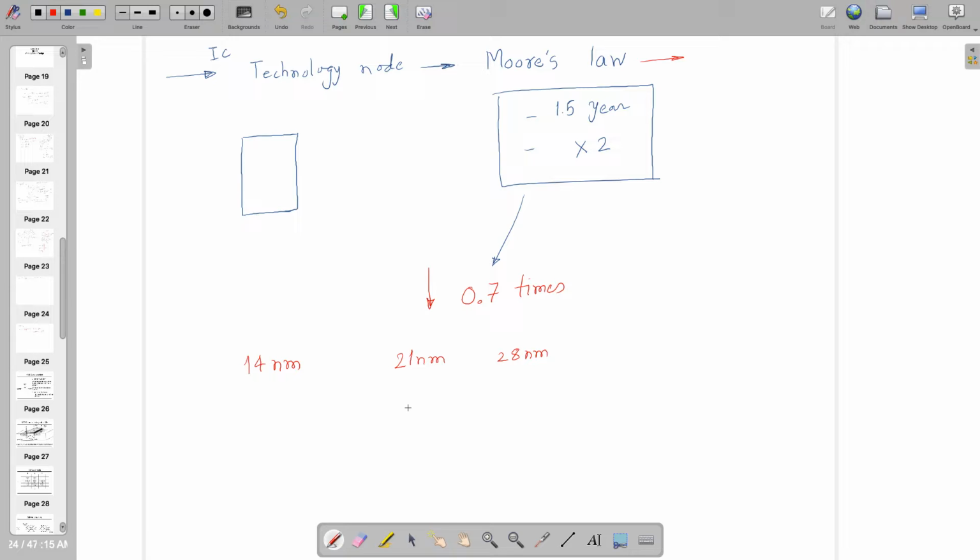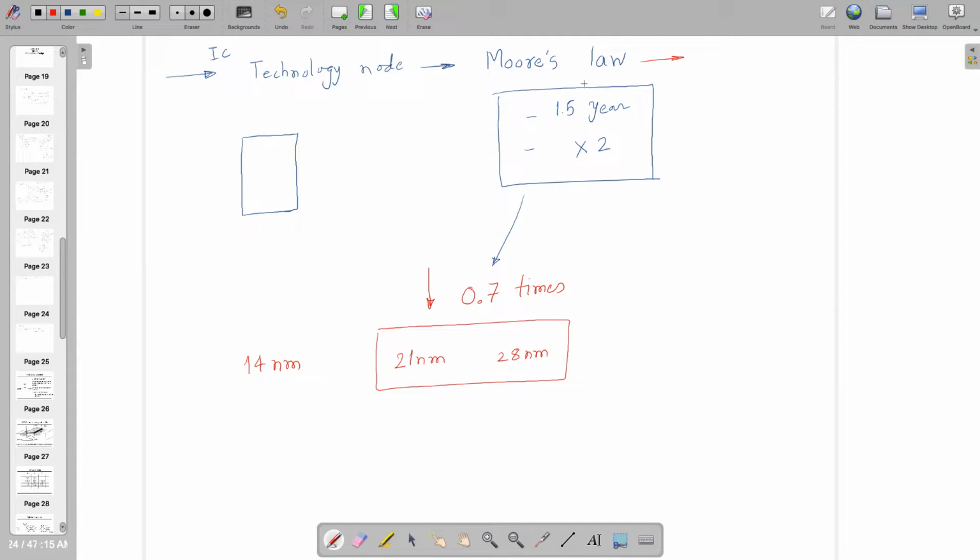Means Samsung's phone or iPhone, all other mobile technologies are using 21 or 28 nanometer currently. That's how they are so small. So 14 nanometer, in maybe a few months, the next release of new phones will have 14 nanometer, right?